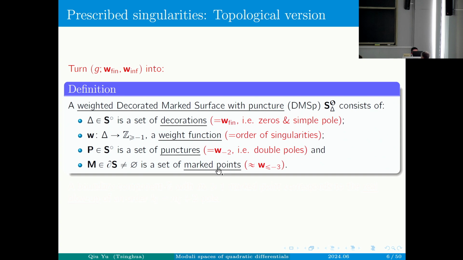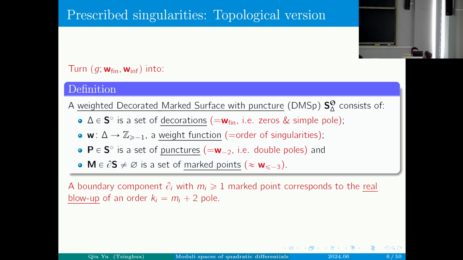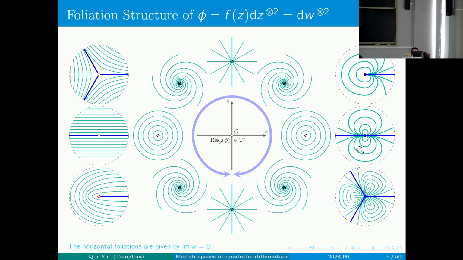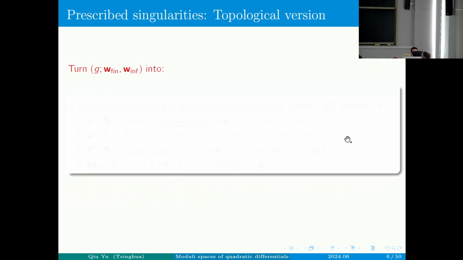For a high order pole, we want to replace it with a boundary component and mark some points on this boundary component corresponding to the distinguished directions. For example, for this order 4 pole, we replace it with a boundary component and mark these 2 points corresponding to these 2 distinguished directions.